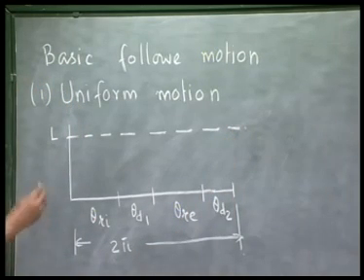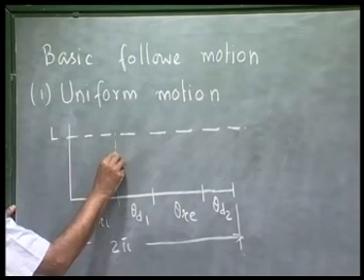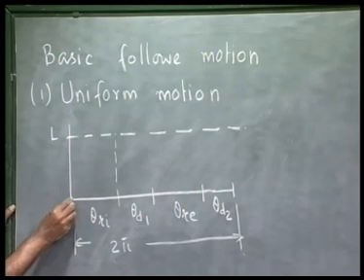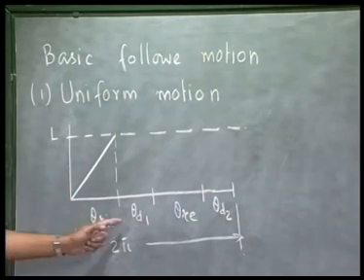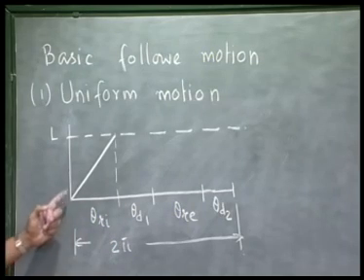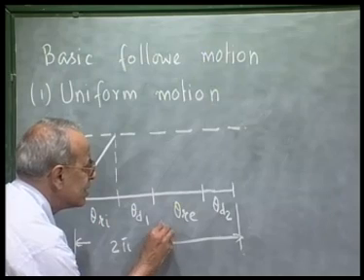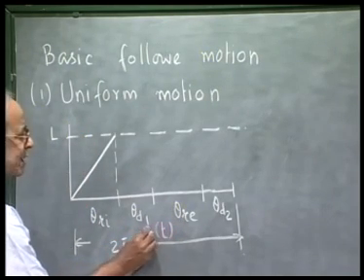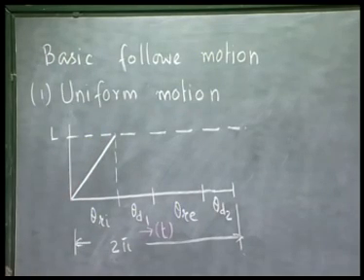So the displacement diagram is very simple in this case, that during this rotation from 0 to theta Ri, it attains a distance L and moves with constant velocity. Because theta is proportional to t, you can think of this as a time scale as well. The theta scale is the same as a time scale, so uniform velocity means it is a linear motion.